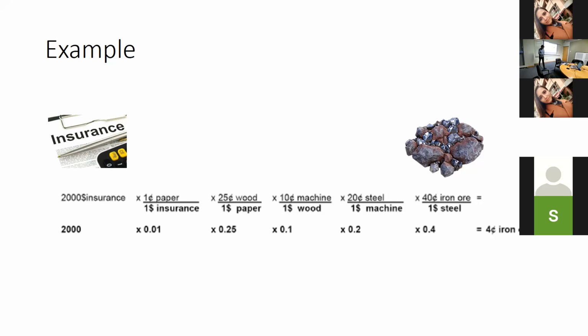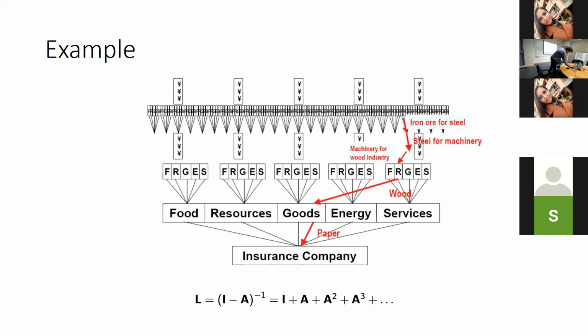Right? So the last slide now presents the complexity of this problem. What we did right now, we followed only one path out of basically millions, even in the simplest input-output table for a country, which has only a few sectors described. The accumulation is so big that there are basically millions of paths from the insurance company to the iron ore.